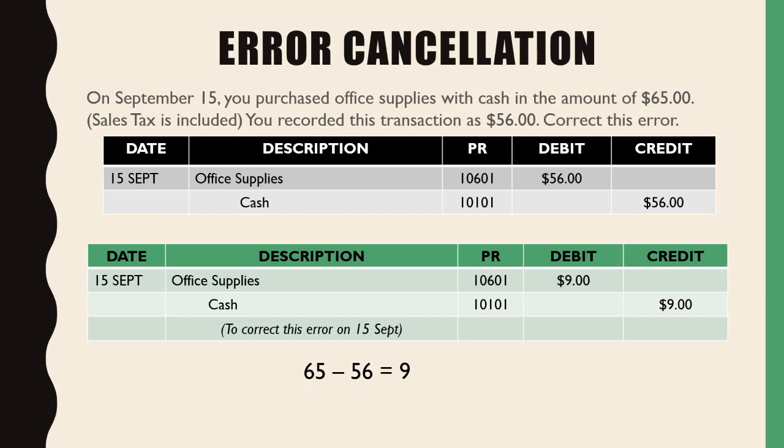Now, rule of thumb here is the best, accurate, and more common one would be the reverse and re-entry, for beginner users of accounting. If you are more professional at it, yes, you could do the error cancellation. It might be easier for you, but it might not be easier for someone else because the error cancellation can cause you to make more errors in your journal than you already had.